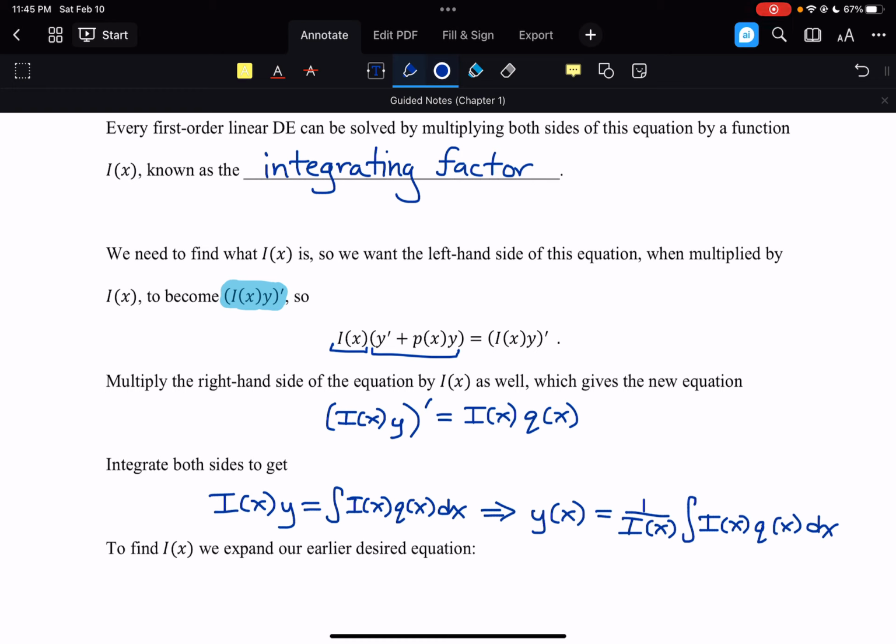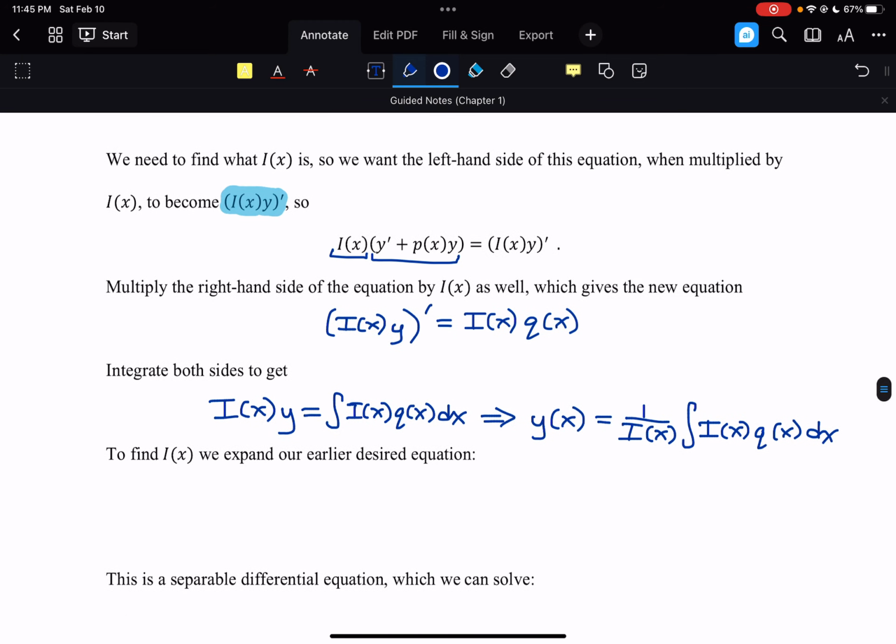Now, we need to figure out what I of x is. So we're going to expand our earlier desired equation. So this one right here, expand this out. Distribute the I of x on the left-hand side and then take the derivative on the right-hand side using the product rule.